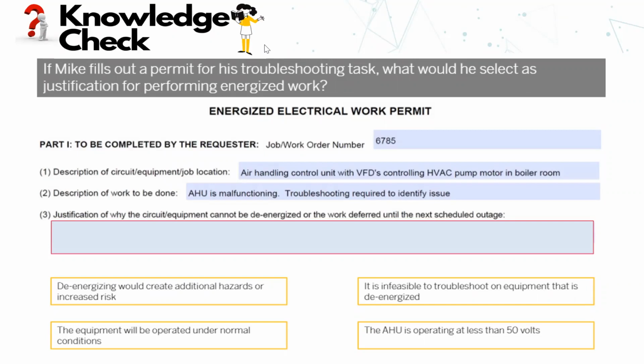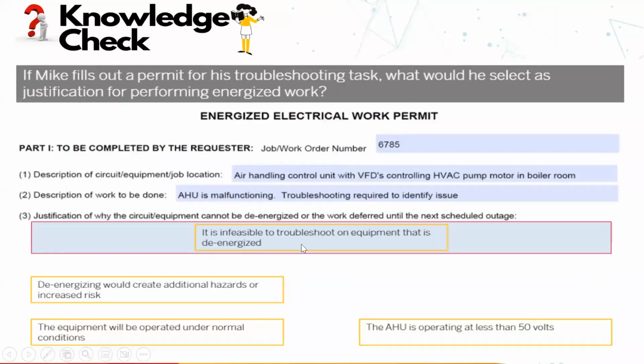So under this condition, what will be the right option? The right option is that it is infeasible to troubleshoot on equipment that is de-energized.